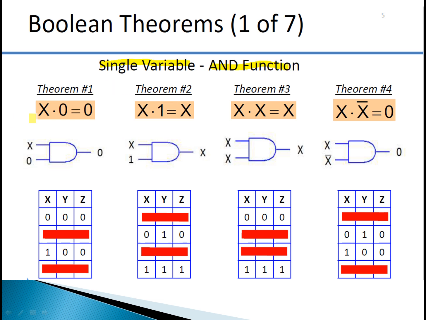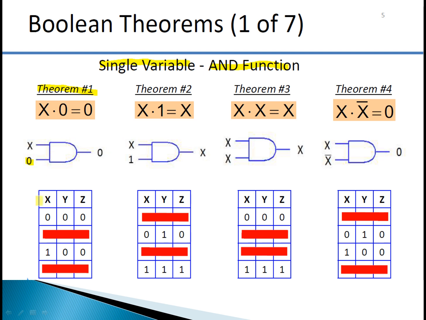And here the first theorem is x dot 0 equal to 0. Here dot represents the logical AND function, and this is the symbolic representation of the logical AND function. So here one input is x and another input is 0, and the output is always 0.